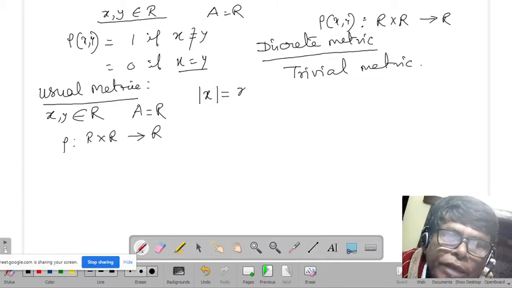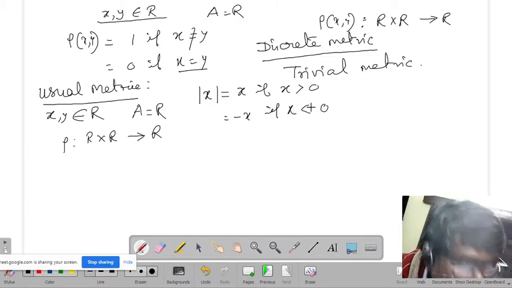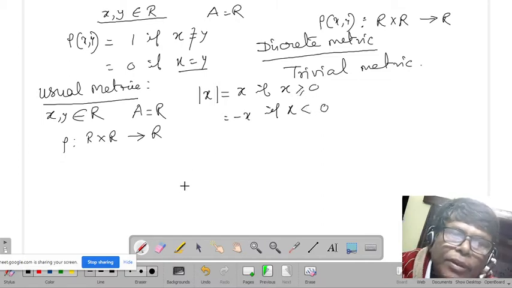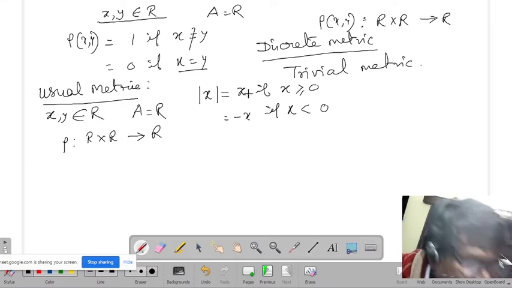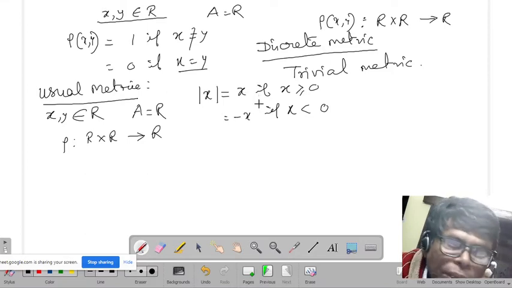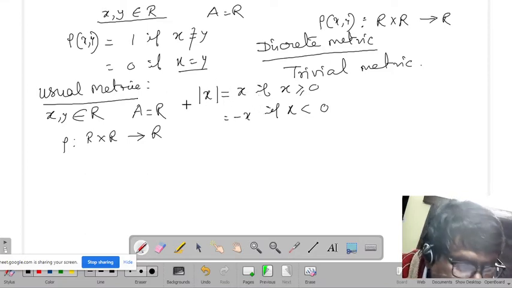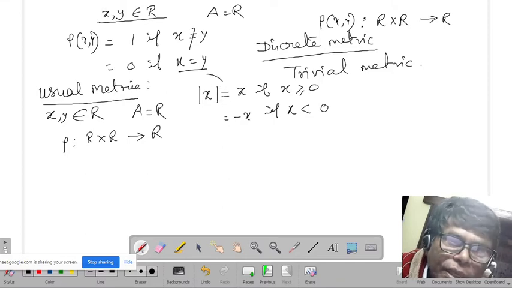It is equal to x if x is greater than 0, and equal to minus x if x is less than 0, and it is 0 if x is 0.